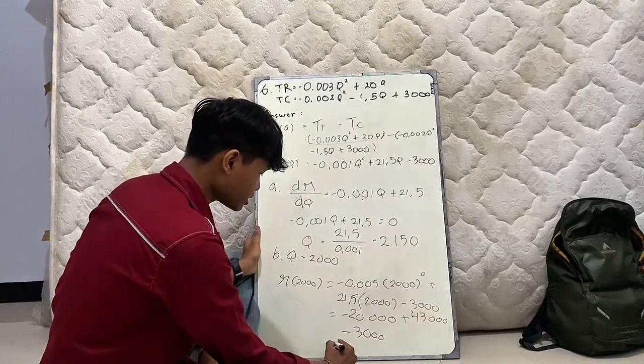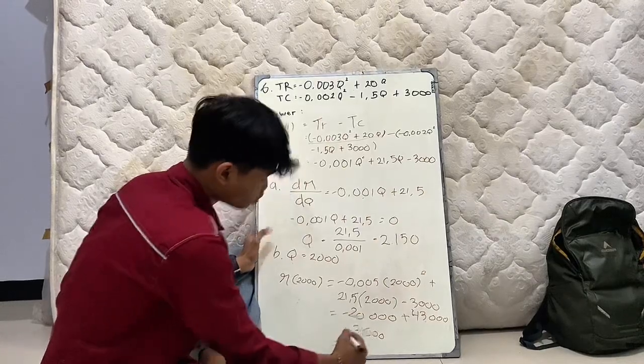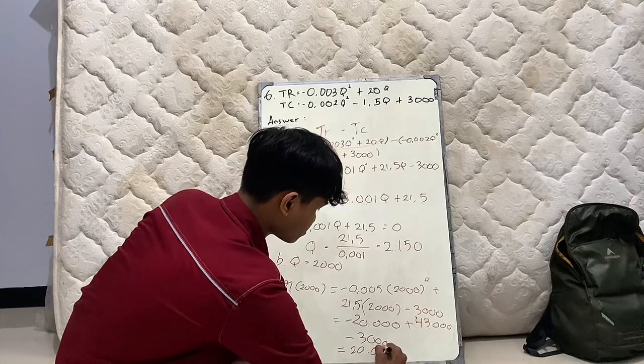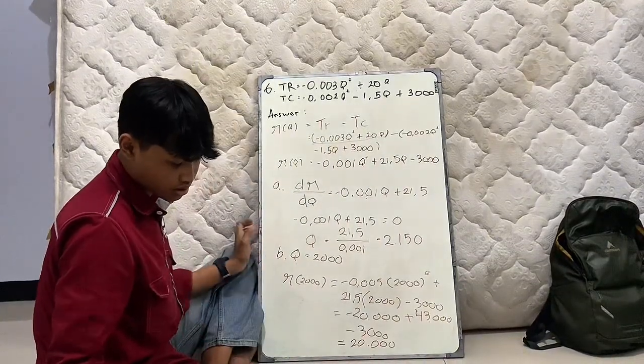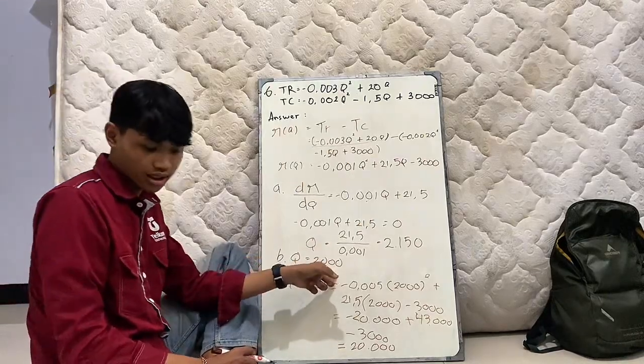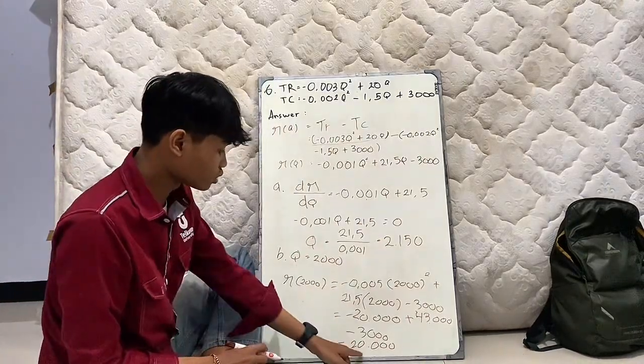So the answer is 20,000. So if the Q is 2,000, the profit is $20,000.